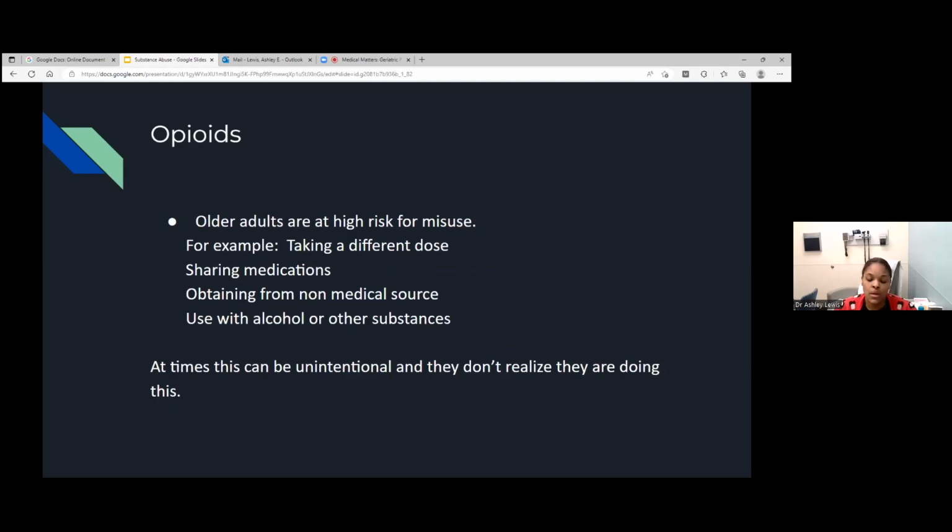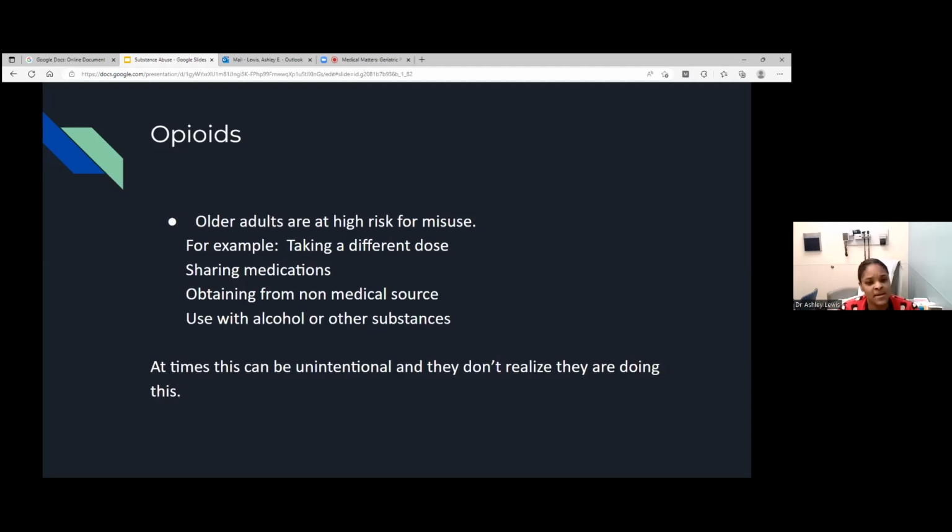Initially the medications possibly could be prescribed from a physician, but it is very possible once someone becomes more elderly, you can misuse it by accident in ways such as taking a different dose, taking an incorrect dose, maybe forgetting that you took your medication and now you're taking another dose, as well as sharing medications, obtaining from non-medical sources, as well as use with alcohol or other substances.